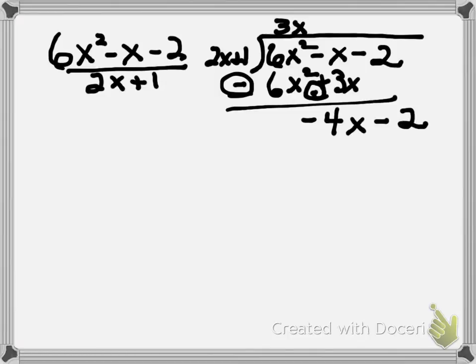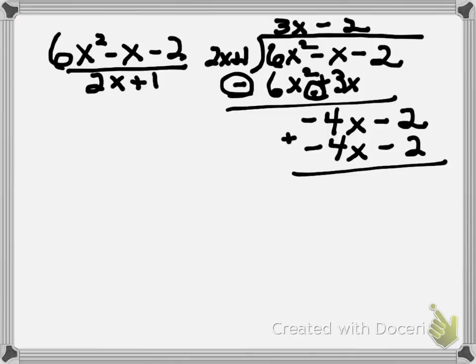Bring down the negative 2. Negative 4x divided by 2x is negative 2. Negative 2 times 2x is negative 4x. Negative 2 times 1 is negative 2. Changing the signs of the second polynomial, we have a remainder of 0, so we get 3x minus 2.